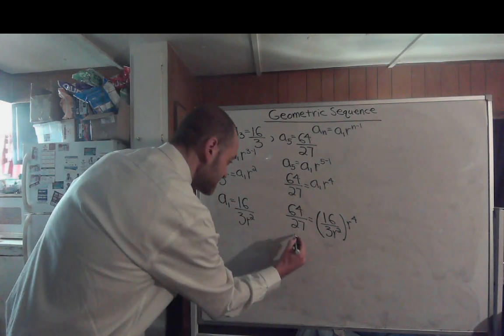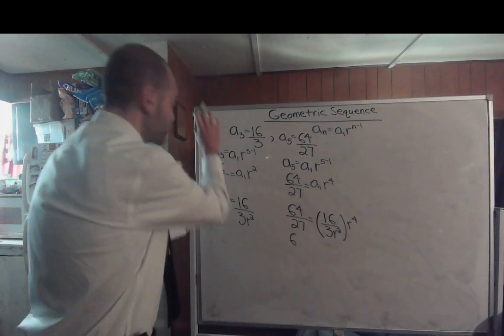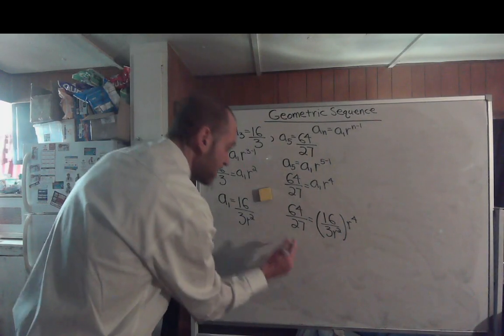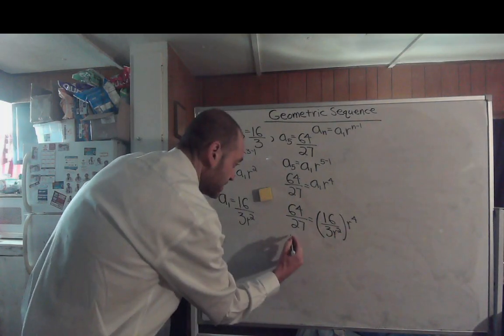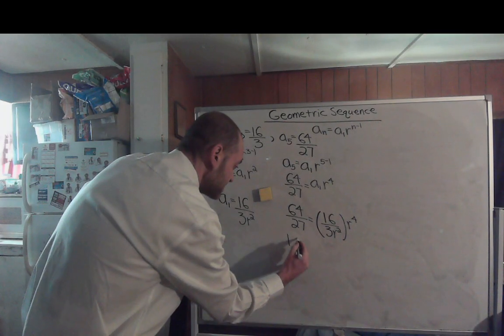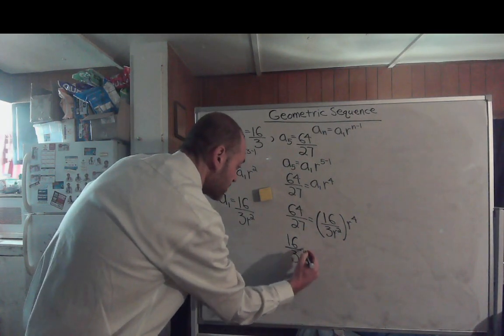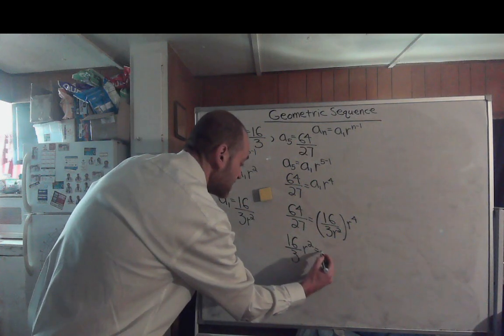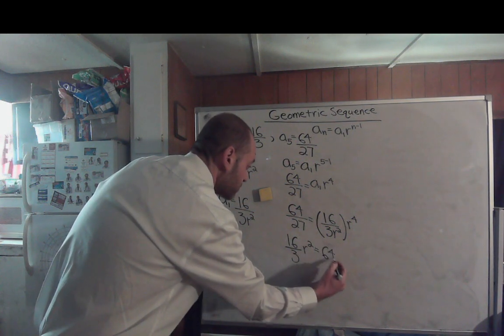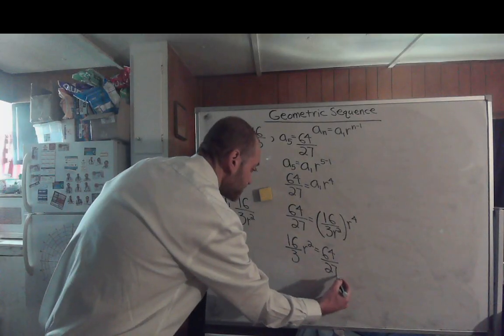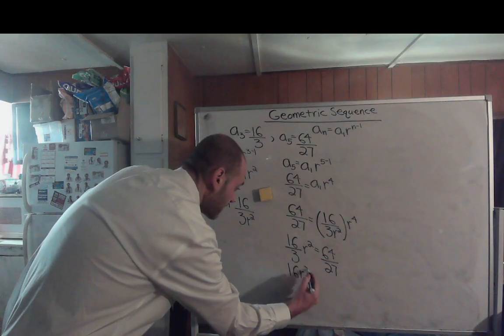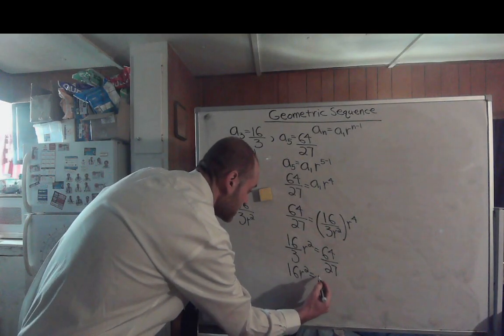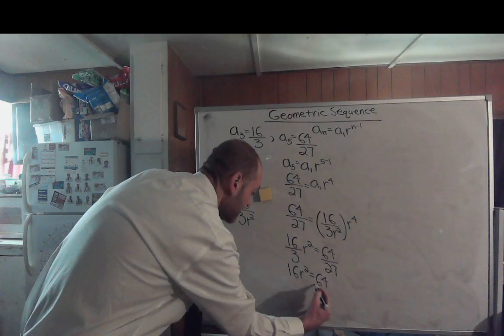Actually, let's reverse this order here. That means the r's will cancel out between each other, so you'll end up having 16/3 r to the 2nd equals 64/27. So 16r squared equals 64/9.